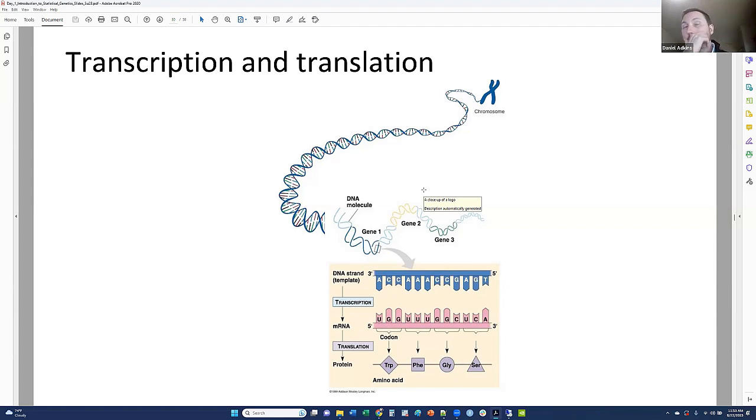Primarily through a two-stage process, beginning with transcription. Transcription is depicted down here, and that is where a segment of DNA is used to synthesize its complement as a piece of messenger RNA.